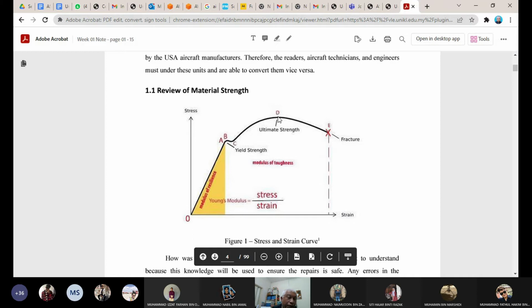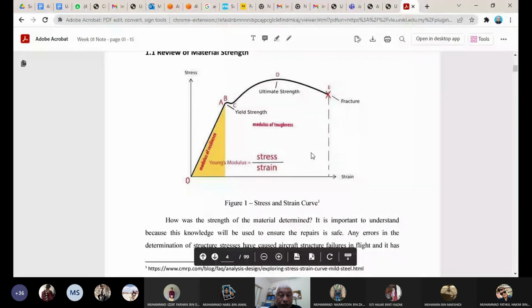Until it breaks, at a point we call the ultimate stress. Here is the point where the stress is highest and where it breaks. That is the maximum stress or fracture point where the material will break off. So we have learned this in your mechanics of material.